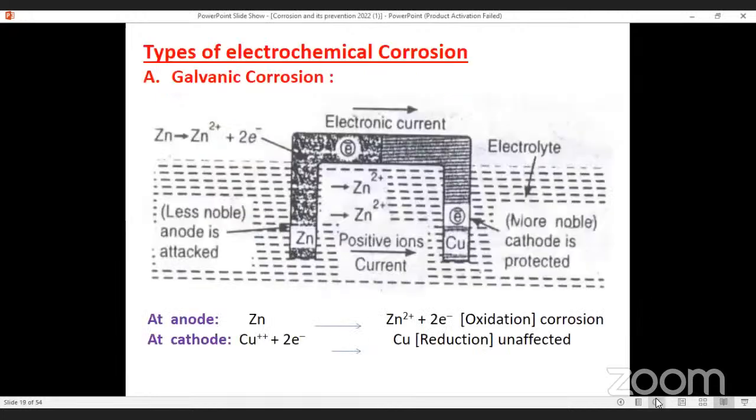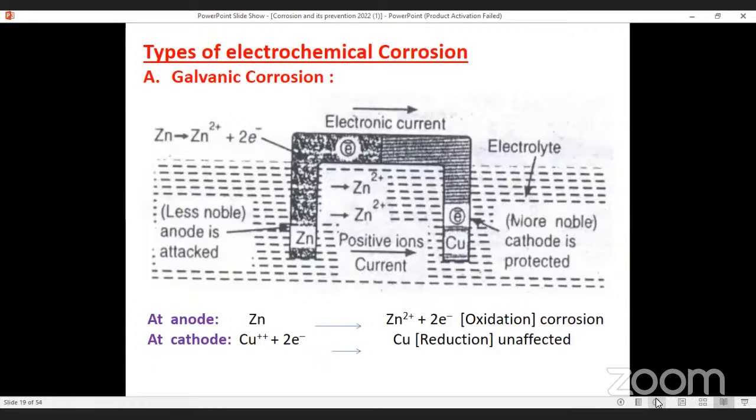Here one more type of corrosion is the galvanic corrosion. This is similar to the Daniel cell, which we already discussed. The zinc rod is dipped in zinc sulfate solution, and the copper rod is dipped in copper sulfate solution. These two are connected with an external circuit as well as a salt bridge.